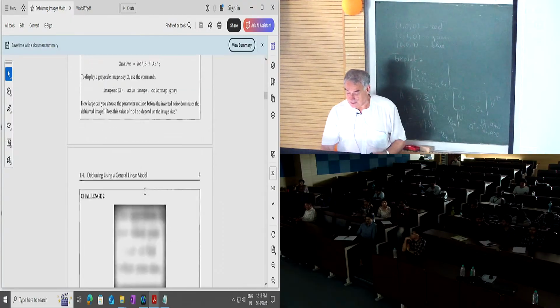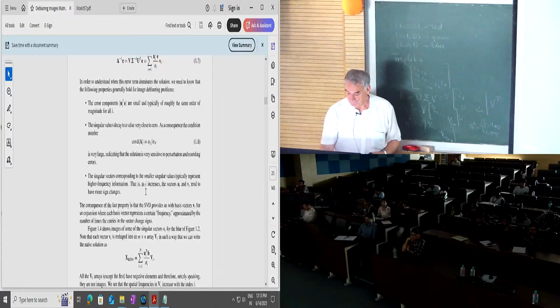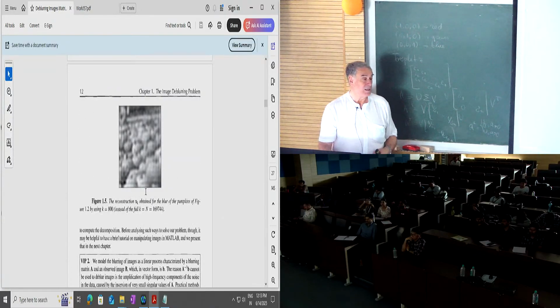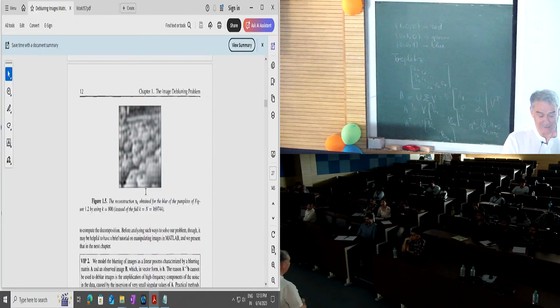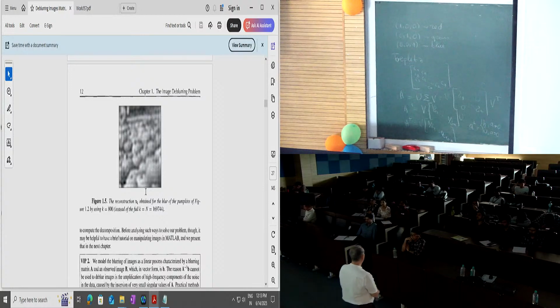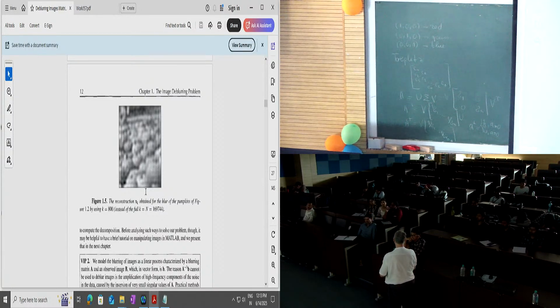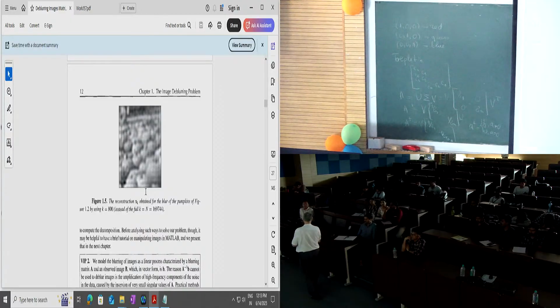And the result of the deblurring was better. Here is the result of the deblurring. Nothing special, not excellent, but much better than the previous naive case. What we did: approximated the matrix inverse and obtained better results.